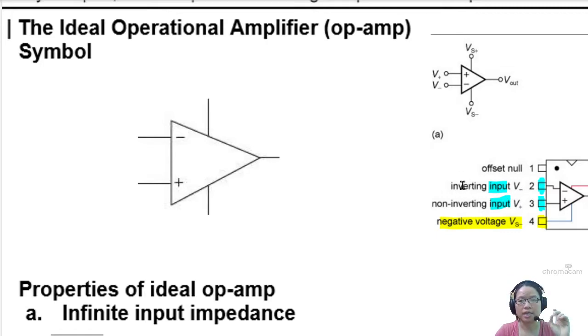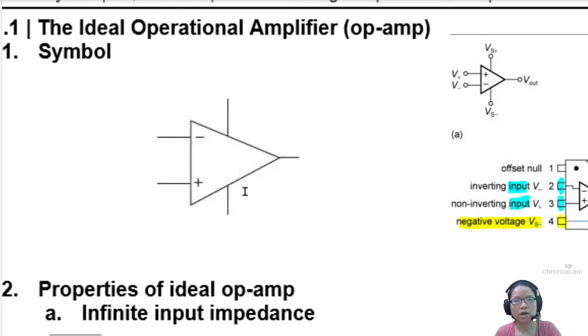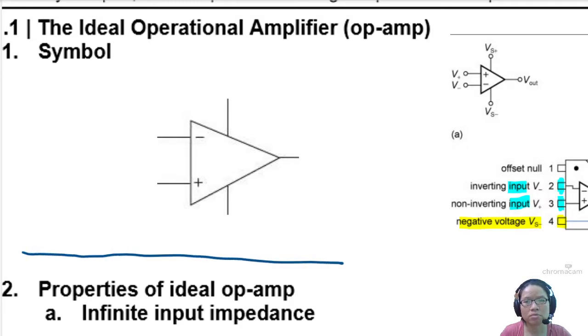These are the inverting and non-inverting inputs. So why do we use the term inverting? This one will have to wait until later when you learn about negative feedback. But right now, I'm going to draw the ground level. Whenever we look at a circuit like this, sometimes we don't even bother to draw the power supply anymore, because the power supply is assumed to be there. We just draw the ground level, because the ground level is our reference point.